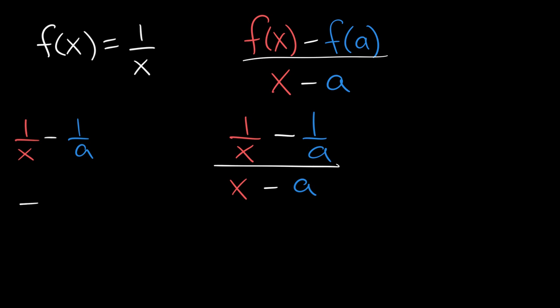So we have x and a, and we have x and a here. And what's missing in the first fraction is an a, so I multiply that. That would be, a would be here, and what's missing in the second fraction is an x, so we would have x here.